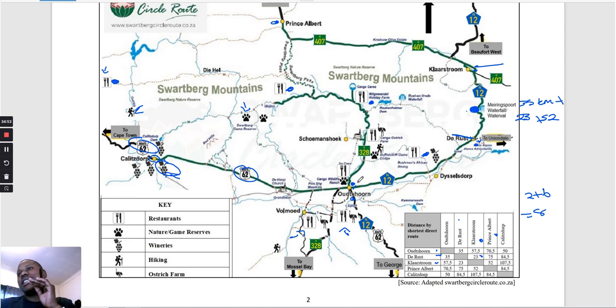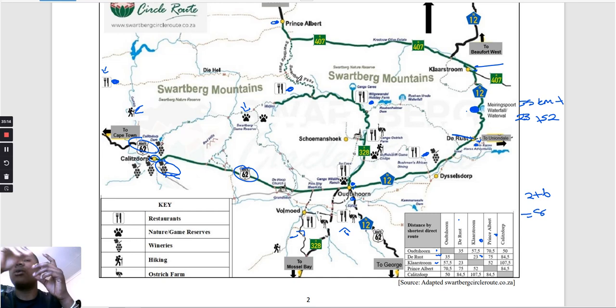Look here, this is the smooth road, but when you come here, this is the Stortberg Mountains. You see that? So when you are around here, you are around the mountainous area.